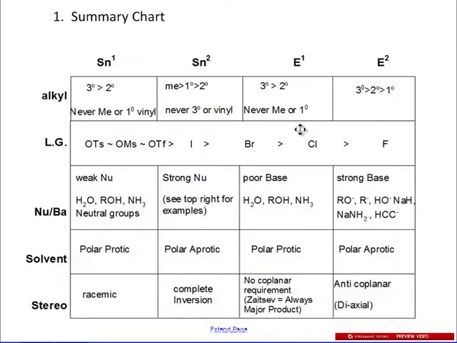Now what I want to emphasize here is that we don't know E1 and E2 until Chapter 7. We're going to learn about that, but for now, we know these two here. As you can see, there are certain things to identify. First off, when it comes to the alkyl group, notice that this Sn1 is the complete opposite of Sn2. Tertiary is best, whereas here, methyl's best, and secondary is the worst.